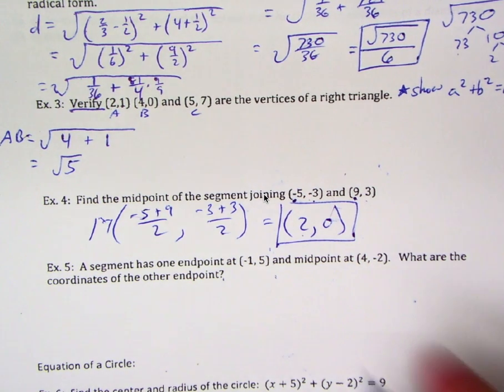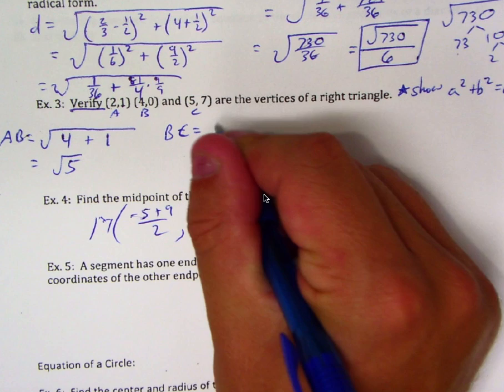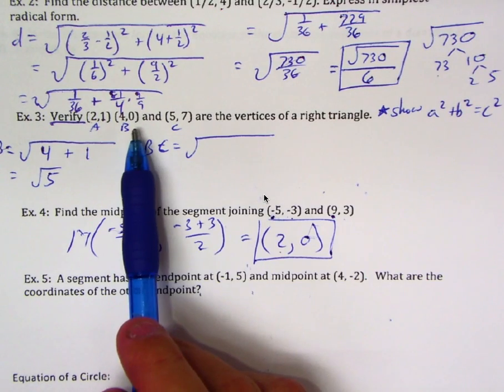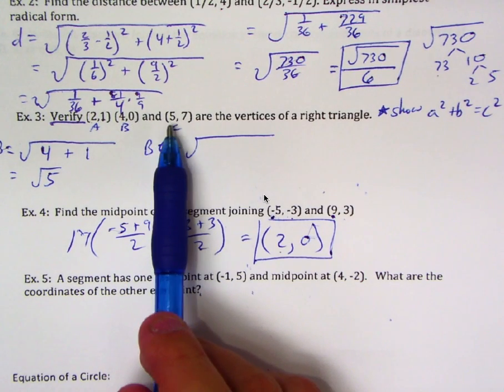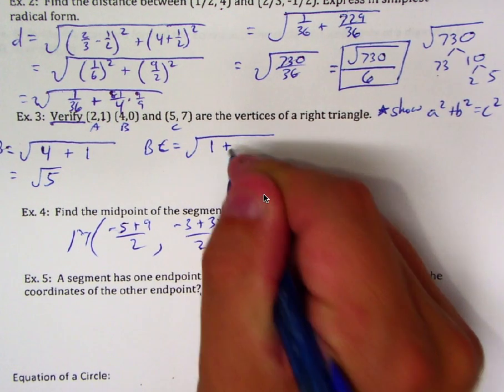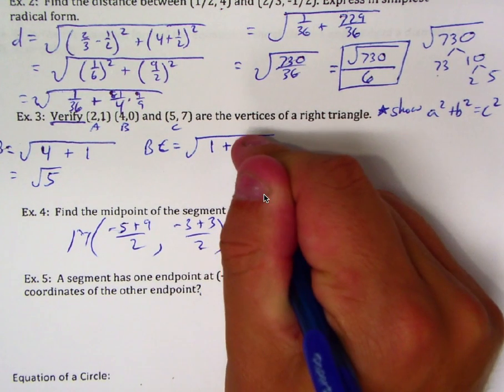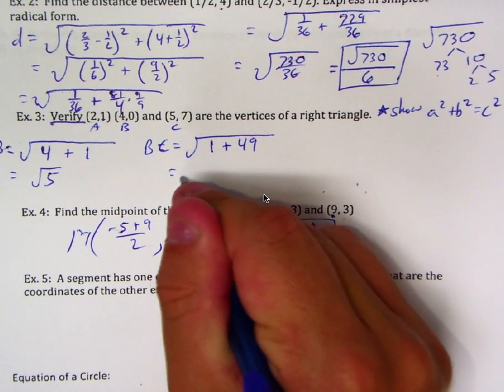Okay, let's find BC. So now I'm going to do the distance formula between B and C. So 5 minus 4 is 1. 1 squared is 1. Plus 7 minus 0 squared is 49. So we get the square root of 50.